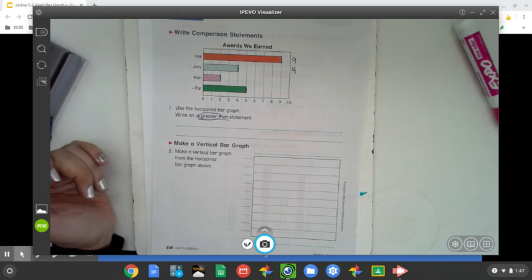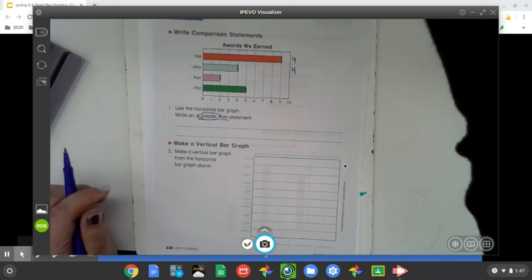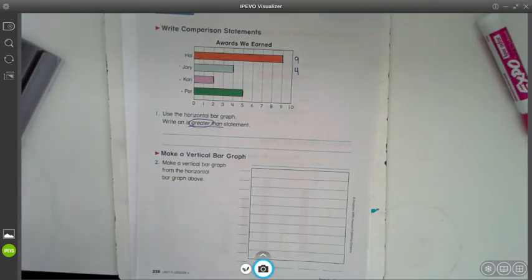Okay, so it's going to look something like this. I will give you an example right now, but you cannot use my example that I'm going to write down. I just want to make sure this is very clear so you understand your job today.